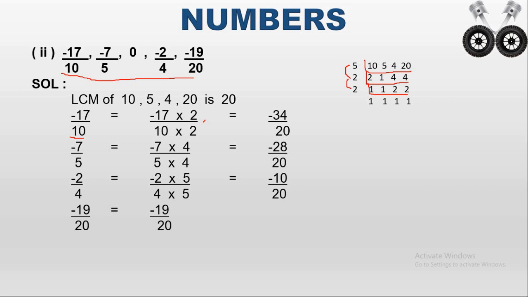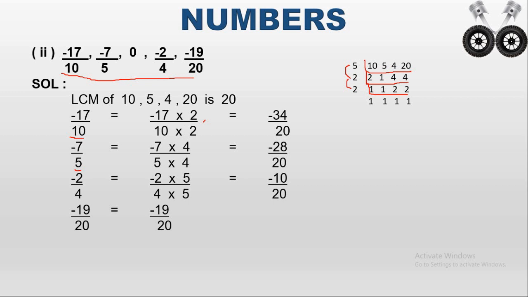So plus into minus is minus. 10 into 2 is 20. So the second rational number is minus 7 by 5. Here the denominator is 5. We have to change the denominator equivalent to 20. So I have to multiply numerator and denominator by 4. Minus 7 into 4 is minus 28. 5 into 4 is 20.